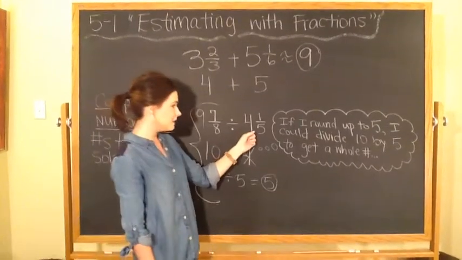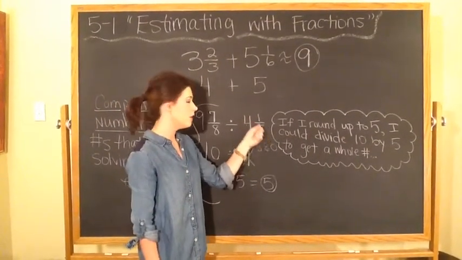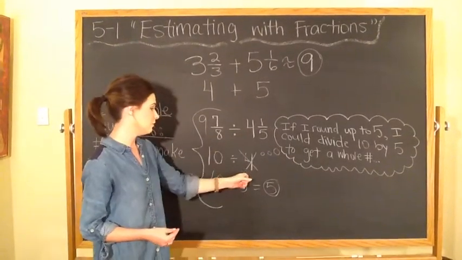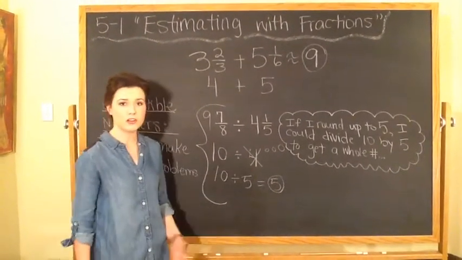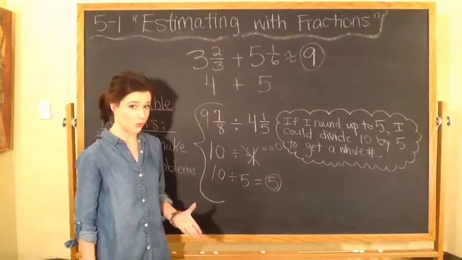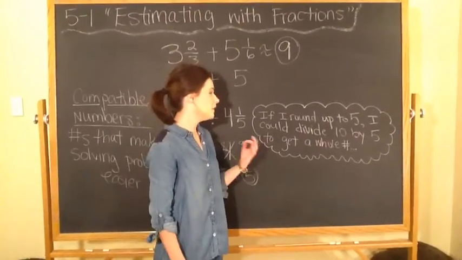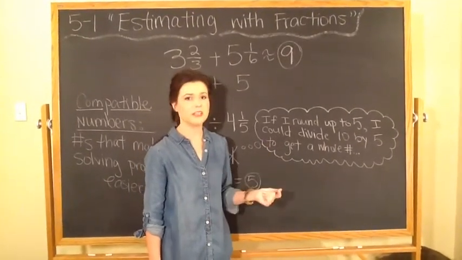And then in this case, 4 1/5. 1/5 is a very small fraction. It's less than 1/2, so I'm going to round it to 4. Now, 10 divided by 4, are you going to get an even number? No. So this is where I get my little thought bubble going on, because I really want to use numbers that make it easy for me.